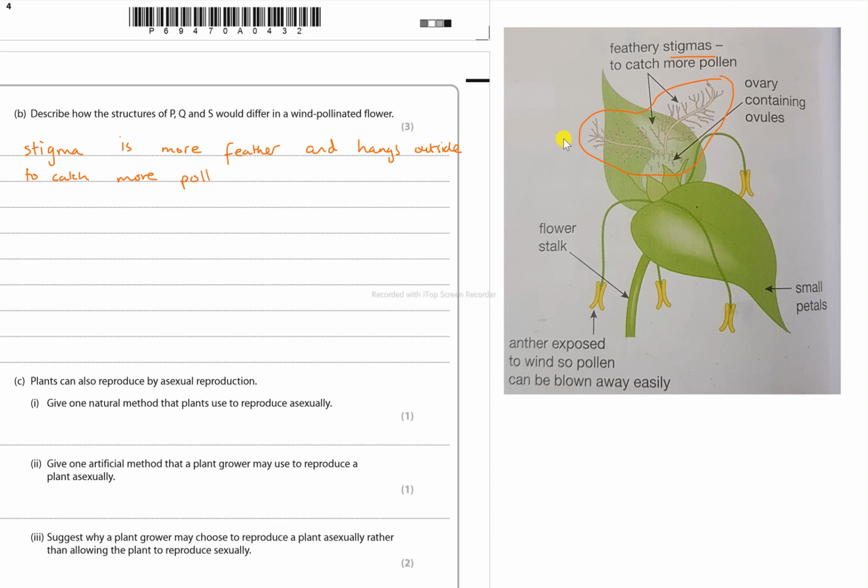Right, what else do we see? And then you've got the anther, which is exposed to wind.